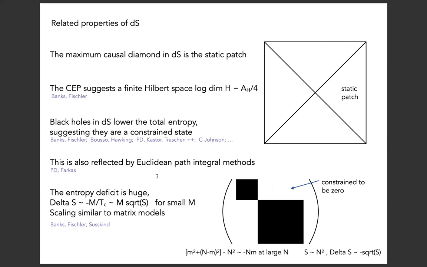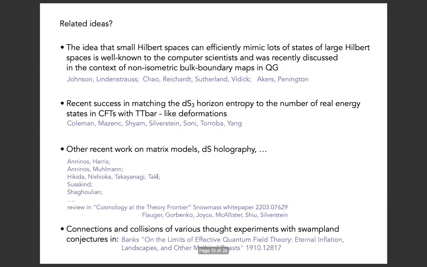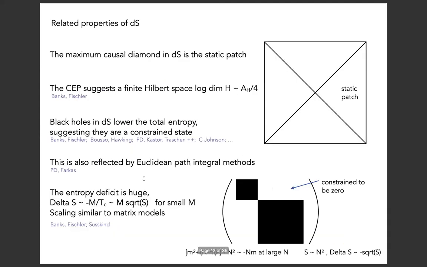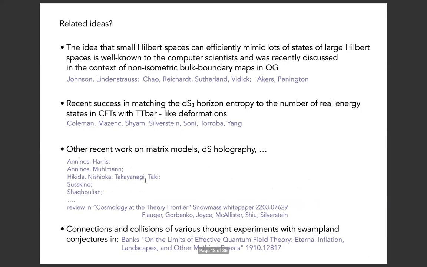So perhaps that's a hint to the nature of that theory. Patrick, I thought this also holds for large black holes in de Sitter. Yes, the deficit holds, but the precise scaling here is no longer correct. Minus M over T_C is no longer correct. Yes, yeah.